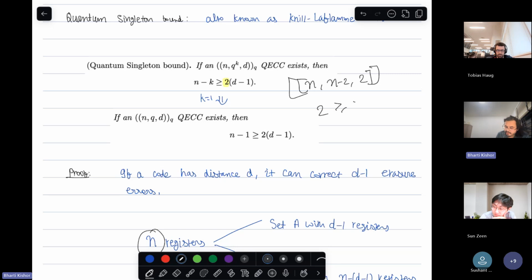And that is greater than or equal to 2 times d minus 1, so that is like 1. So 2 is greater than or equal to 2. So one can say that this seems to hold for any n, right?